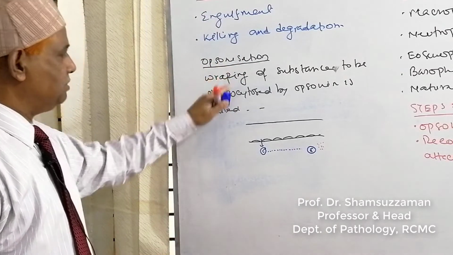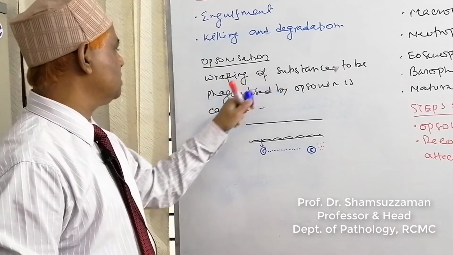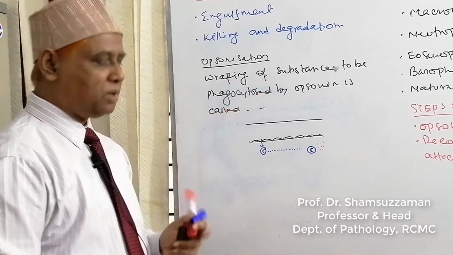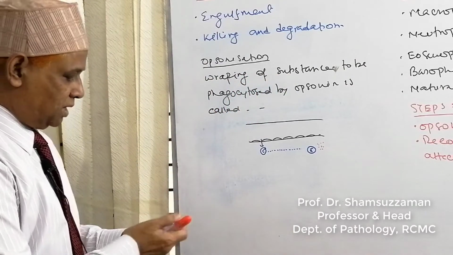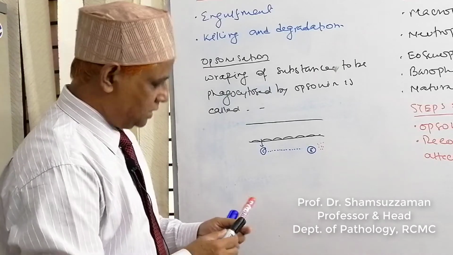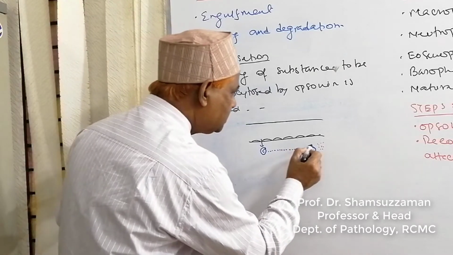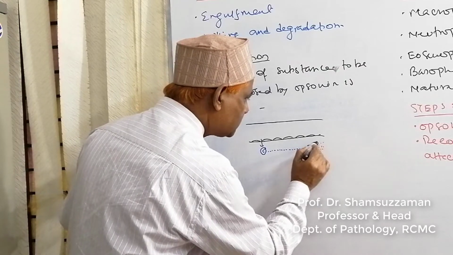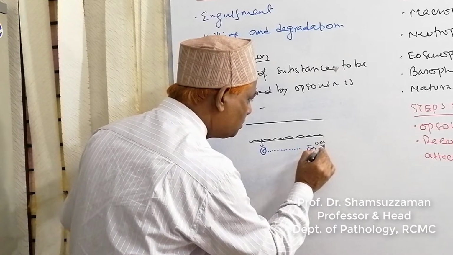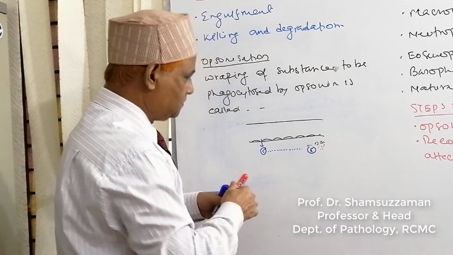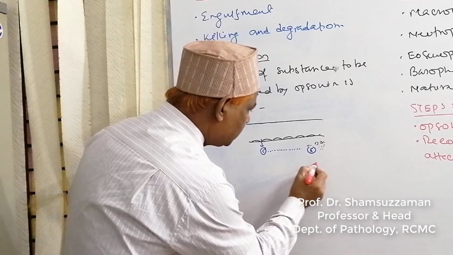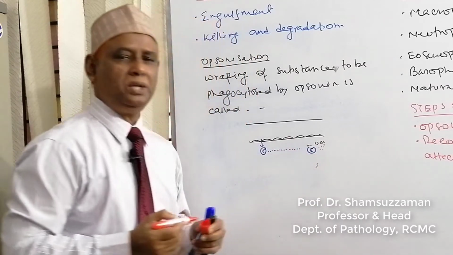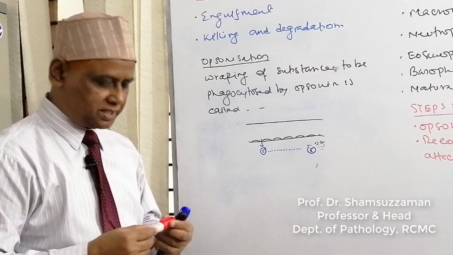Now come to opsonization. Wrapping of substances to be phagocytosed by opsonin is called opsonization. The opsonin causes wrapping of the substance to be phagocytosed. Suppose this is a bacteria to be phagocytosed by the phagocytic cell.